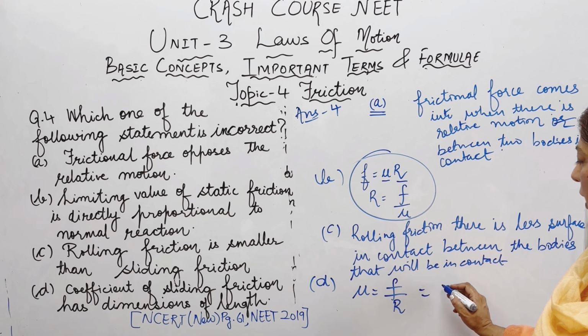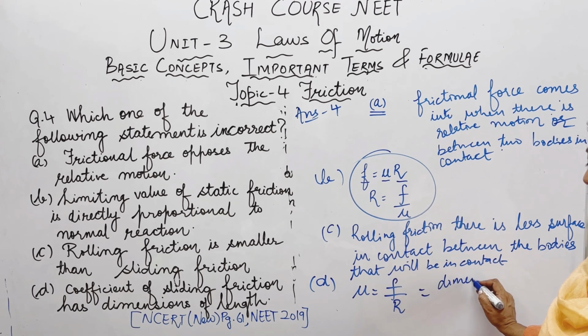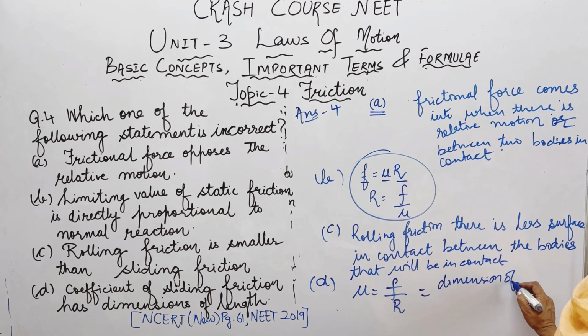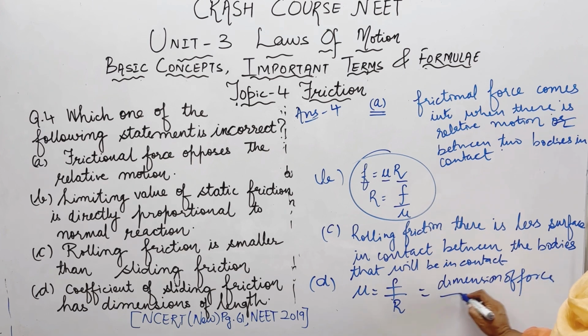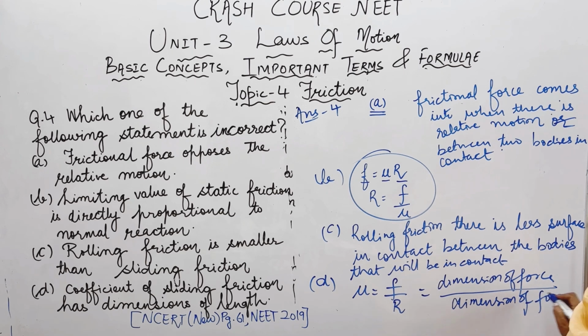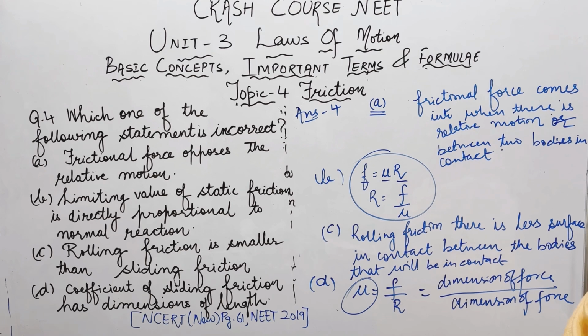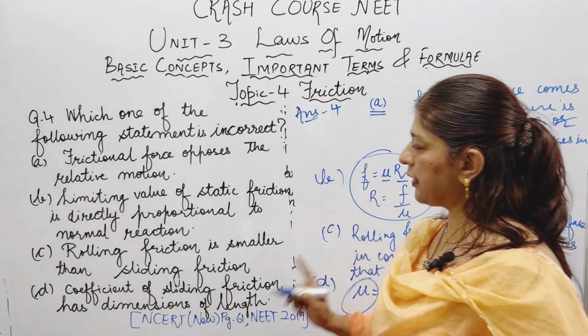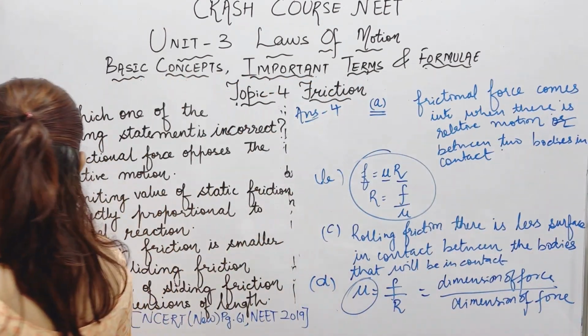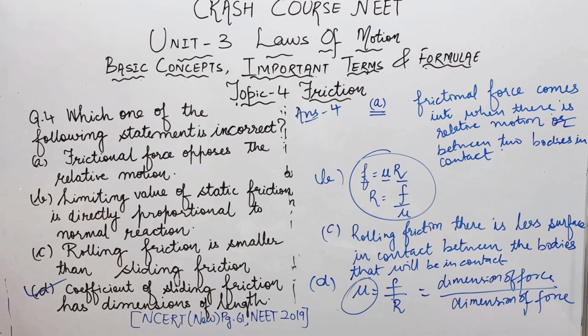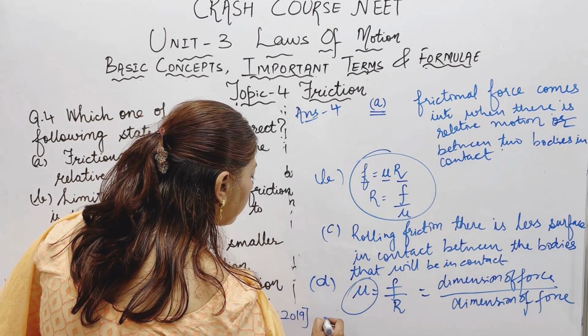Since both have the dimensions of force, mu can never have the dimensions of length. So our statement D is incorrect.